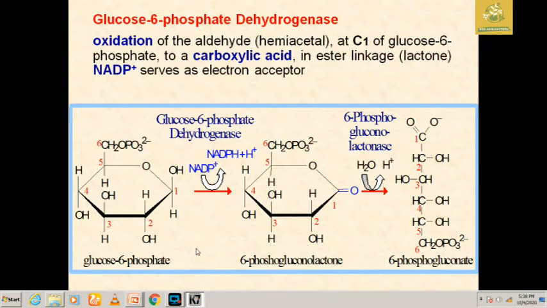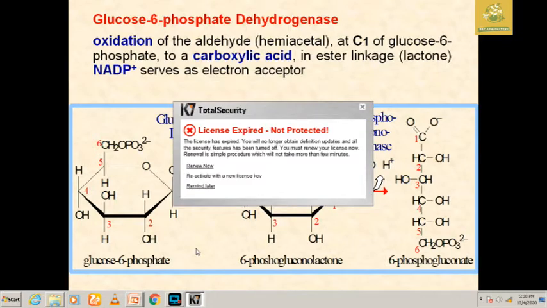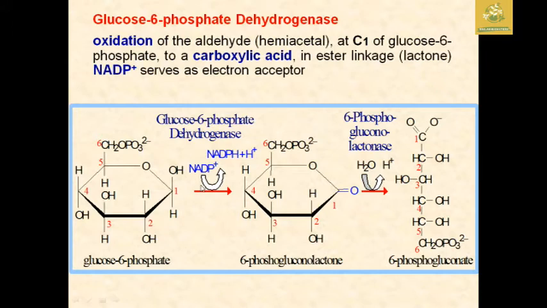So NADP plus is an electron acceptor, and the glucose 6 phosphate is converted into 6 phosphogluconolactone in the process. After that, 6 phosphogluconolactonase acts to remove water from the compound with the release of H plus ion, and produces a straight compound known as 6 phosphogluconate.